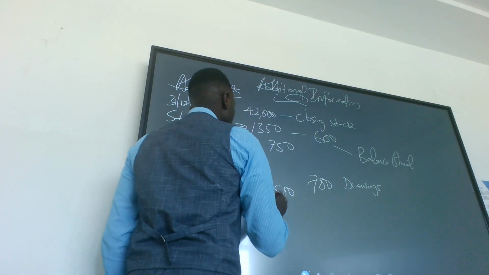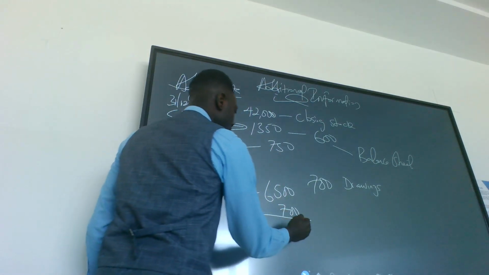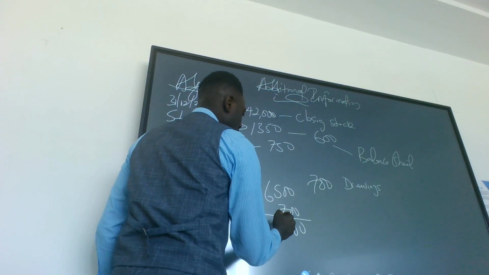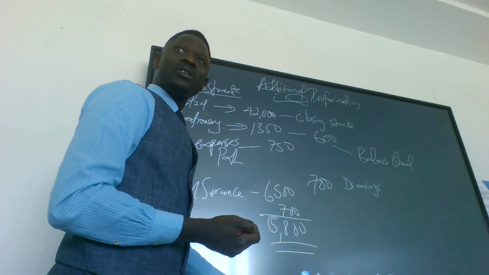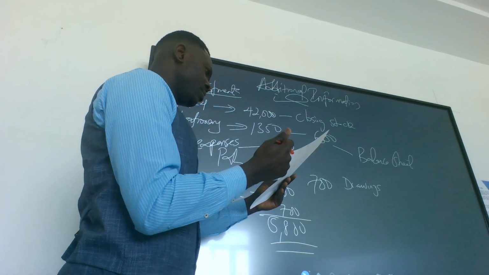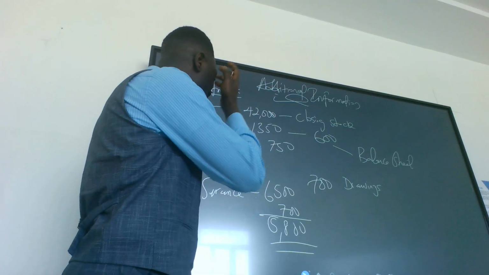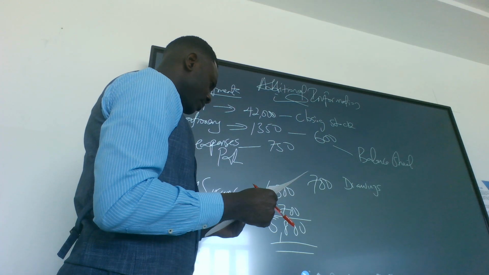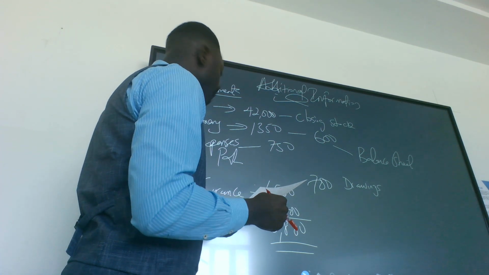So 6,500 minus 700 gives us insurance for this year. Are you sure it's 5,800?